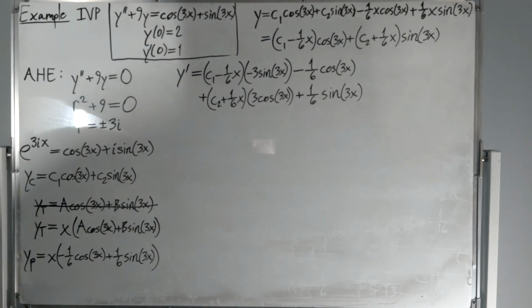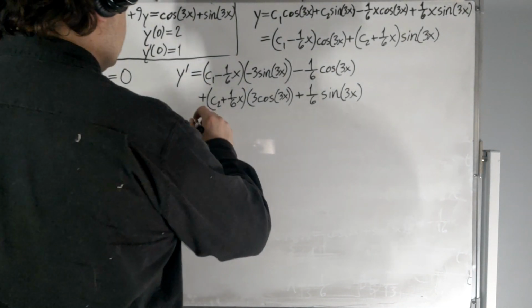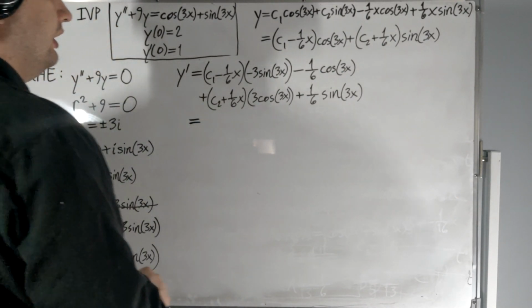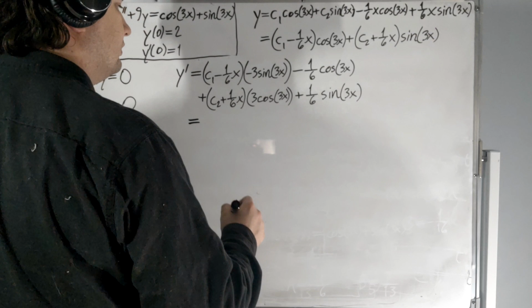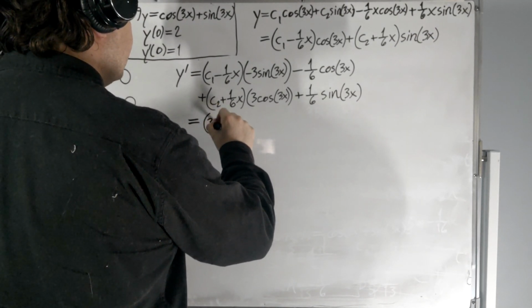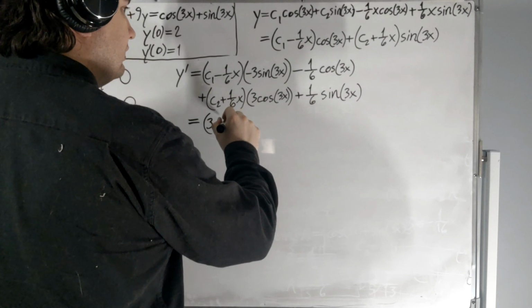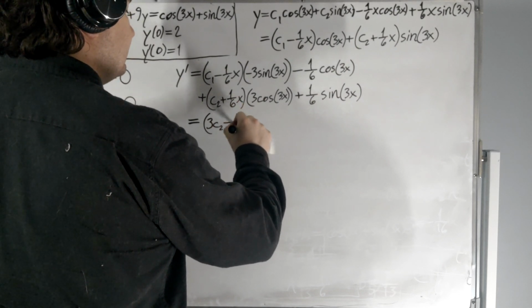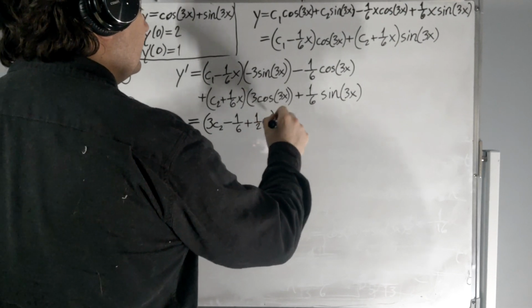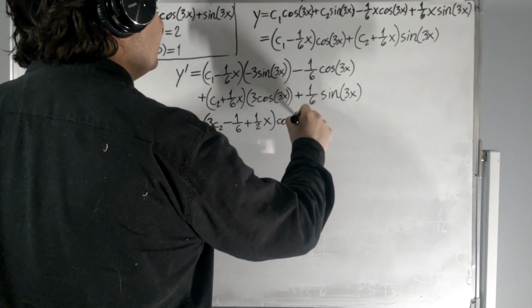Okay, so let's put this stuff together. We have here (3c2 minus 1/6 plus 1/2 of x) times the cosine of 3x.